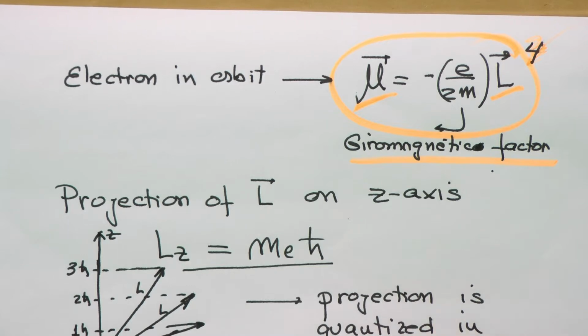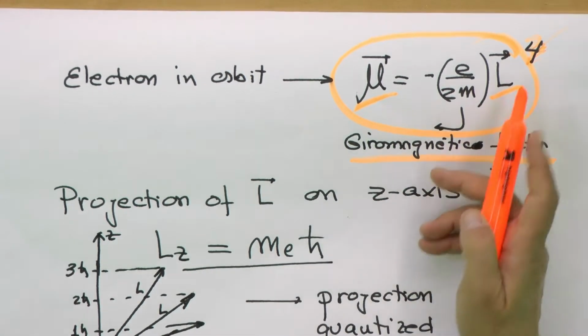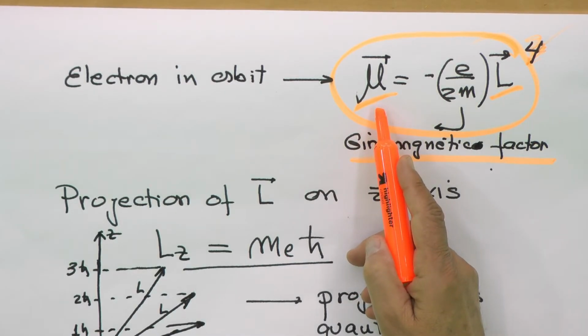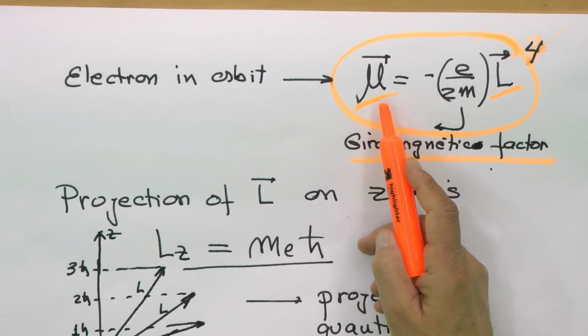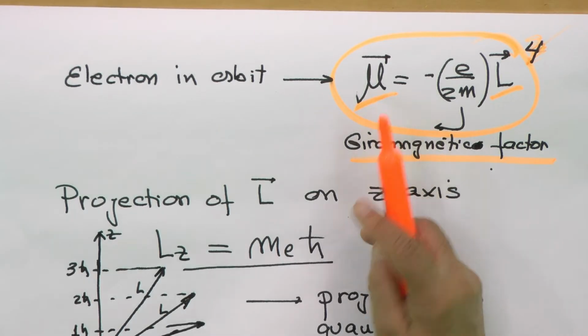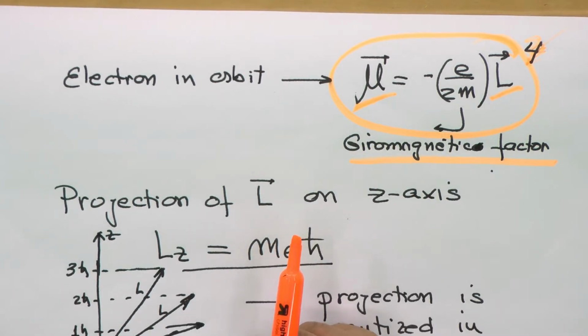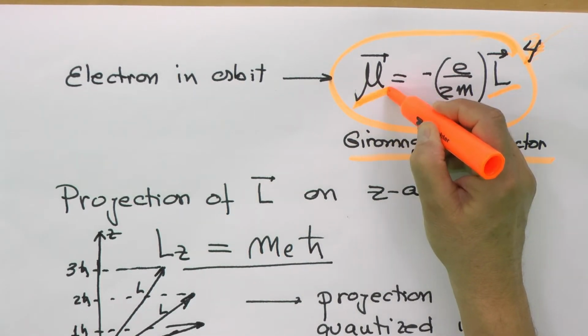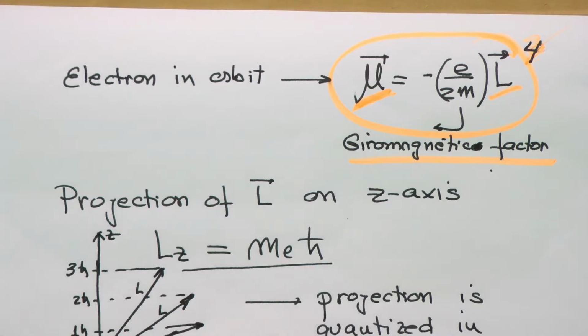So here we have a state that has an angular momentum. If it has an angular momentum, it has a magnetic momentum. And if you have a magnetic momentum and I put in a magnetic field, I will have an energy that's the projection of the magnetic momentum on the field.